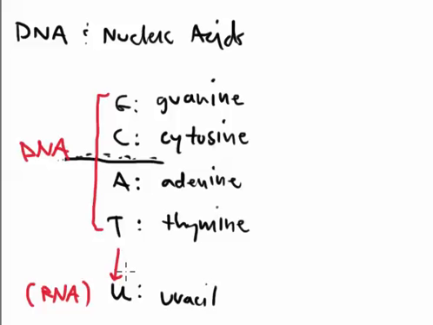We'll talk about it when that time comes, but there is a purpose in it. Okay, so DNA has guanine, RNA has guanine. DNA has cytosine, RNA has cytosine. DNA has adenine, RNA has adenine. DNA has thymine, but RNA has uracil. So that is where they're different.